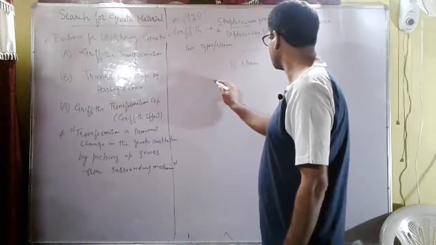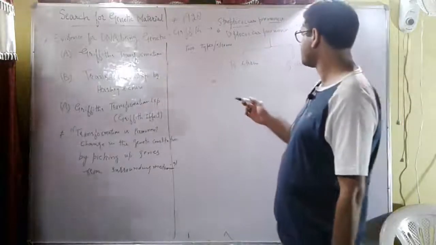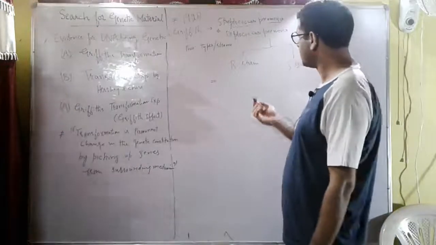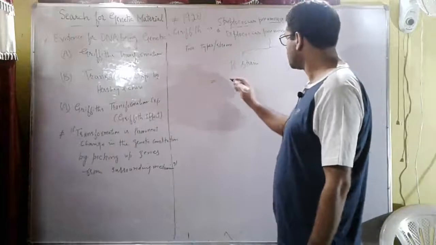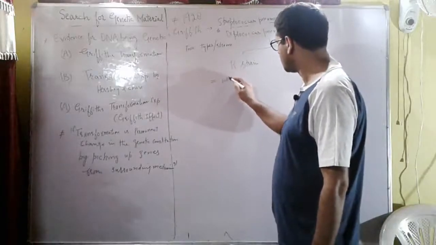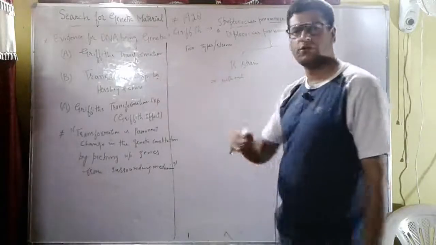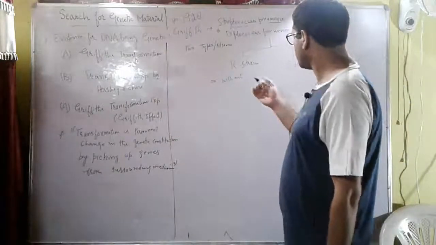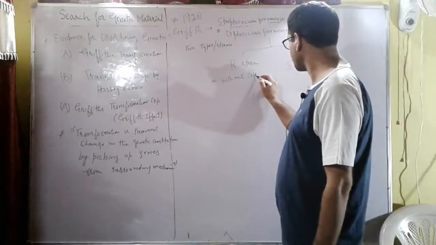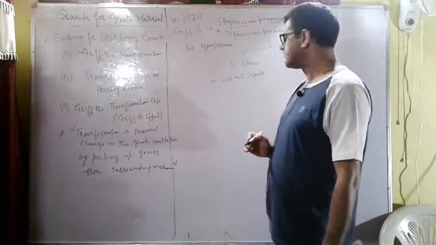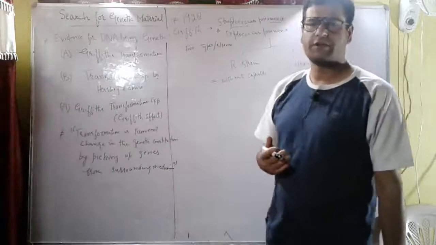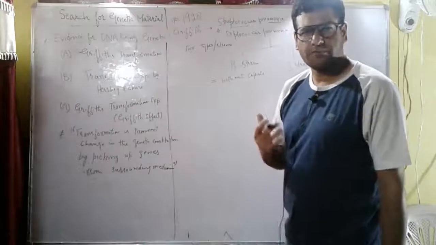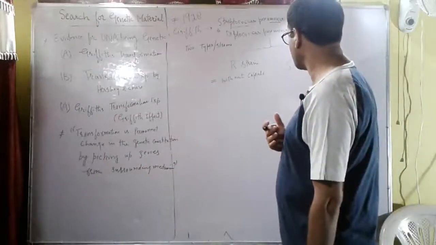This R strain is the Streptococcus pneumonia strain which is without a capsule. That means there is no capsule, or outer covering, external to the cell wall of the bacterium.